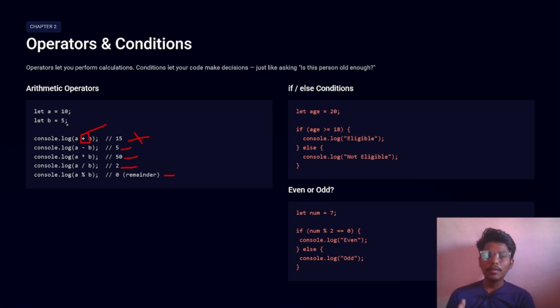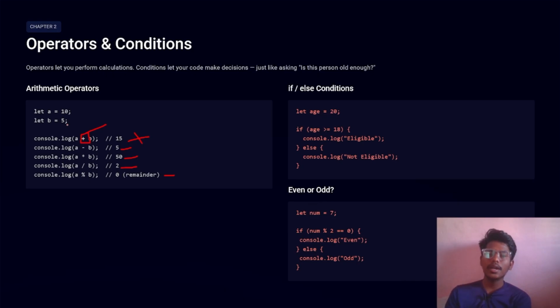See, first of all, before performing any operations, we need to check whether the variables are declared or not. I'm just saying, check whether the variables contain any value or not.